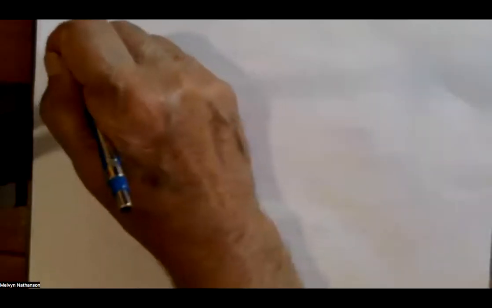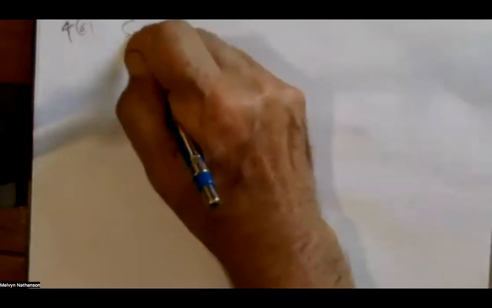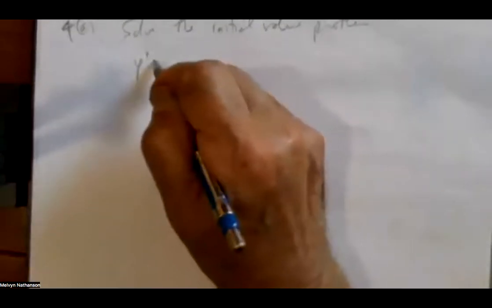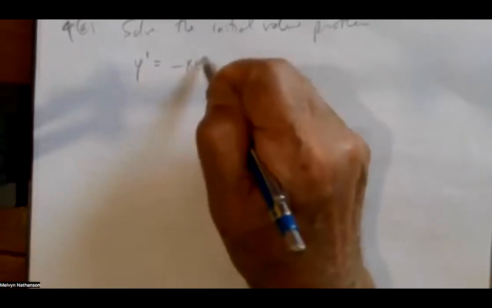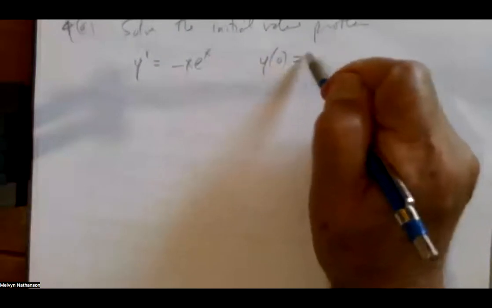Suppose we look at problem 3a. Actually, I'll make it more interesting. Problem 4a. We want to solve the initial value problem. y prime equals minus x e to the x, with the initial condition that y at 0 is equal to 1.